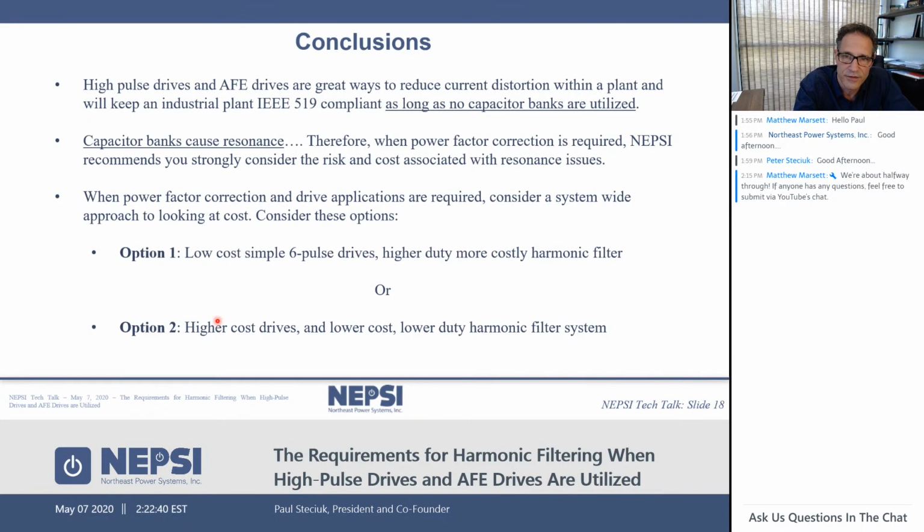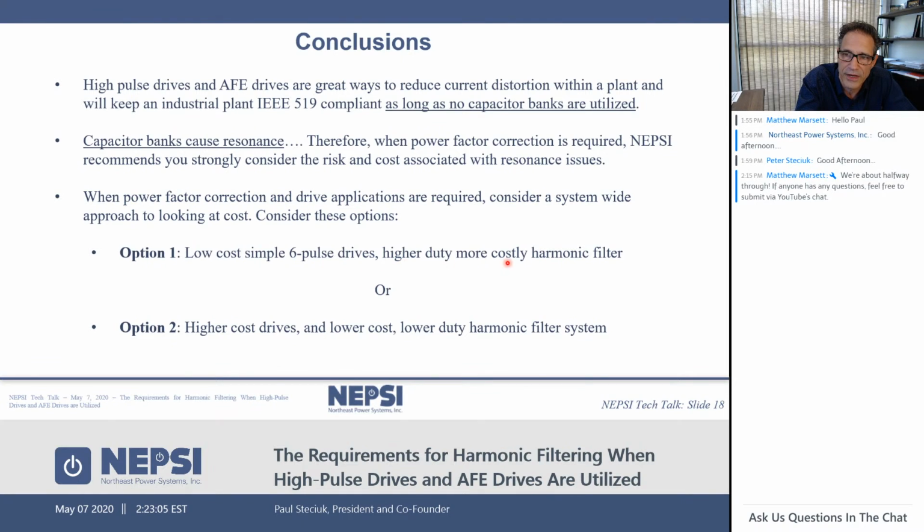When you're looking at a system, there is some economic analysis that you should consider. When power factor correction and drive applications are required together, consider a system-wide approach to looking at costs. Consider these options. Option 1, the low-cost, simple 6-pulse drives. Remember, the 6-pulse drive is simple topology and very simple technology.